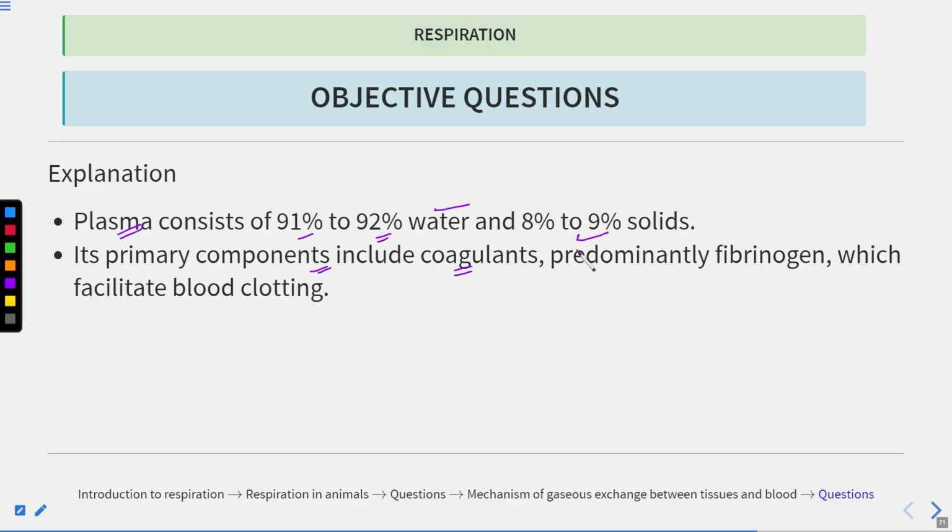Some coagulants are present such as fibrinogen, which is later converted into fibrin, which helps in blood clotting. Apart from these, other proteins are present such as albumin and globulin. So plasma is also not the correct answer.